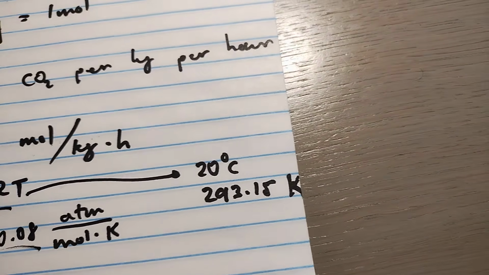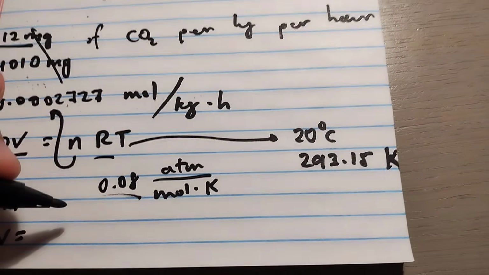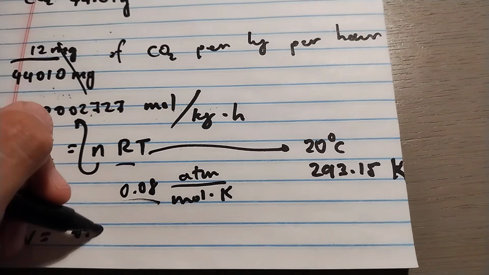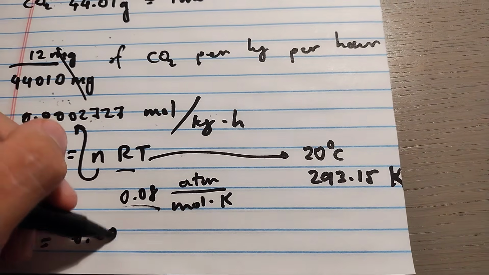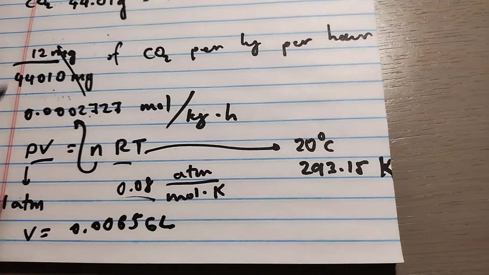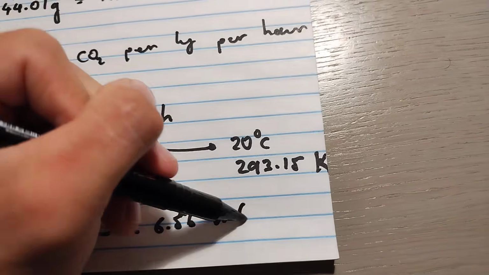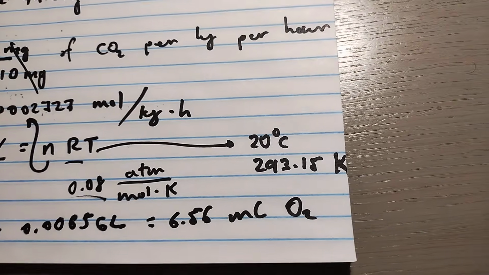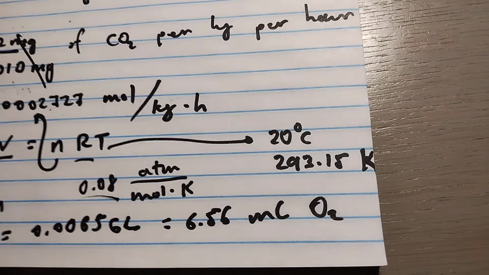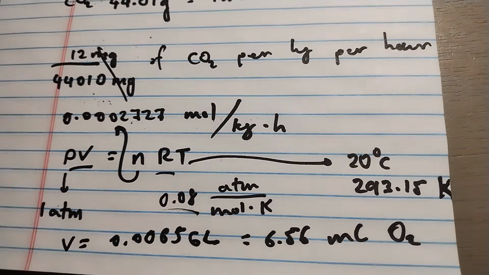So plugging all of these known values in, you should get that V equals 0.00656 liters, or roughly 6.56 milliliters of O2 per kilogram per hour. And VO2 is typically displayed per minute.